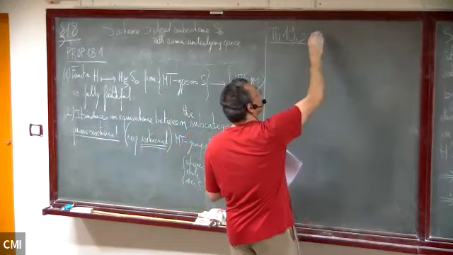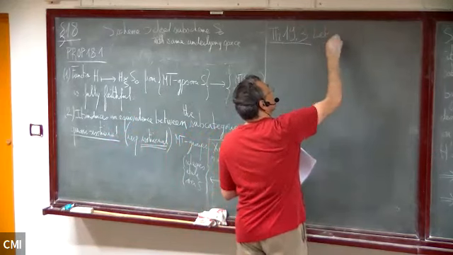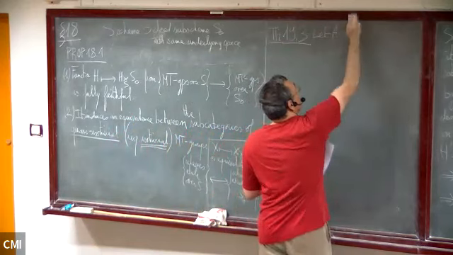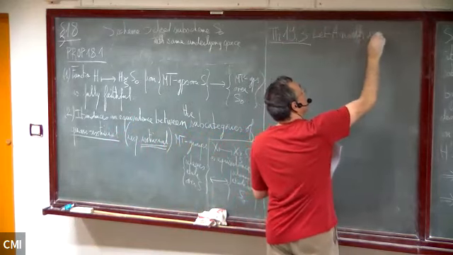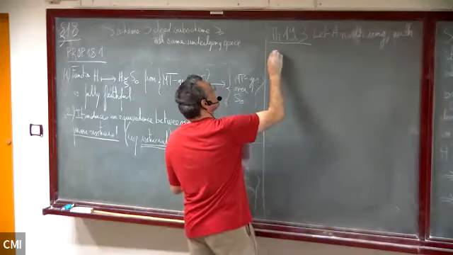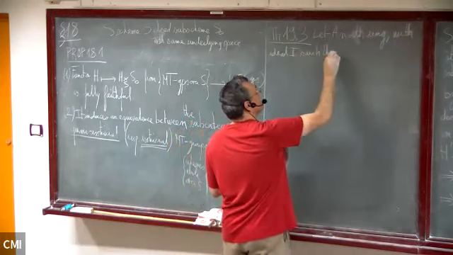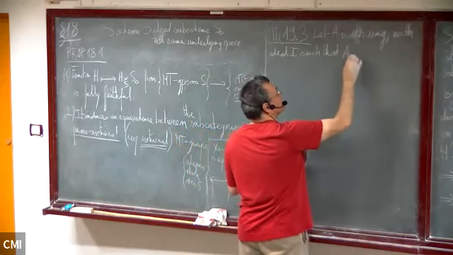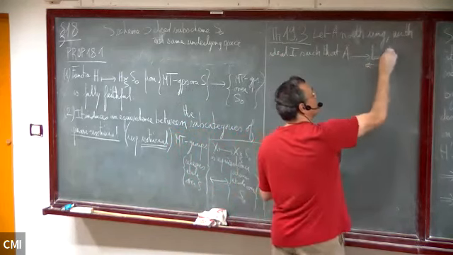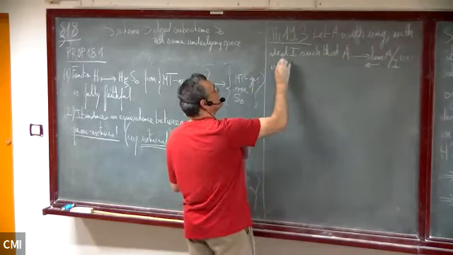Theorem 19.3. Let A be a Noetherian ring with an ideal I such that the natural map from A to the projective limit of A over I^(n+1) is bijective.